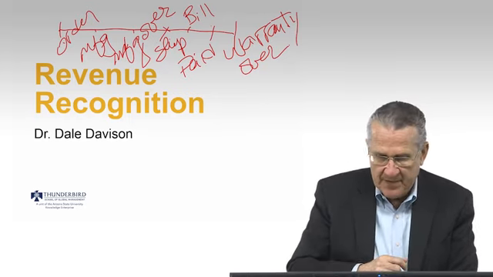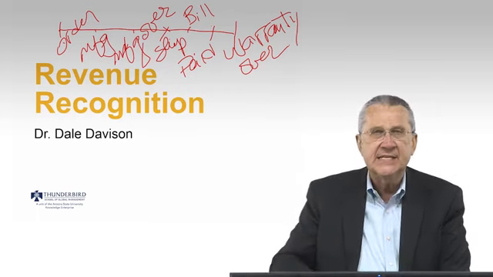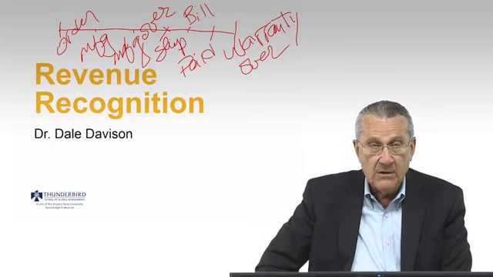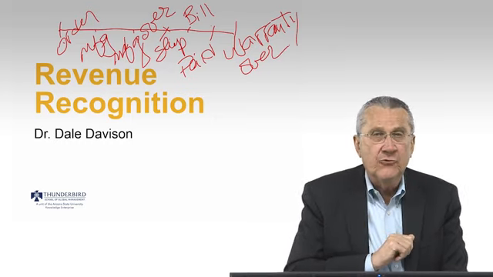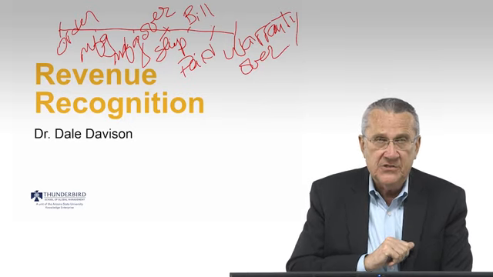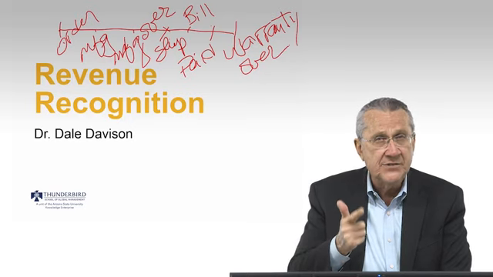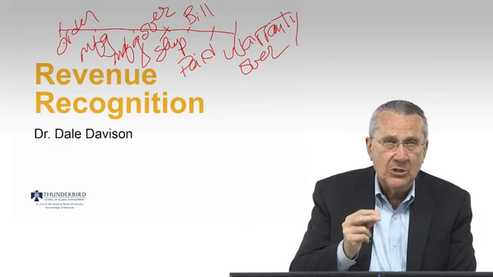And that problem is that we've got to decide where in this listing of activities we will say revenue has been earned. Because you remember, the revenue recognition principle told us that we recognize revenue when it's earned, realized, or realizable, translation collectible, and measurable.